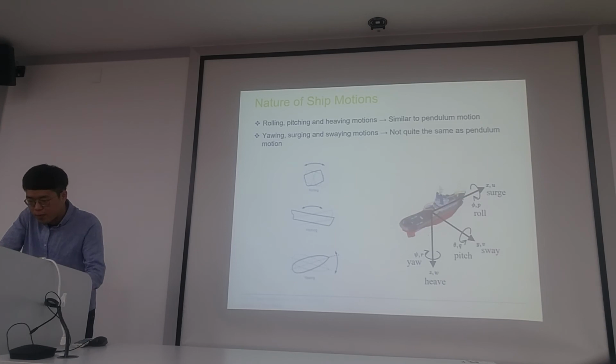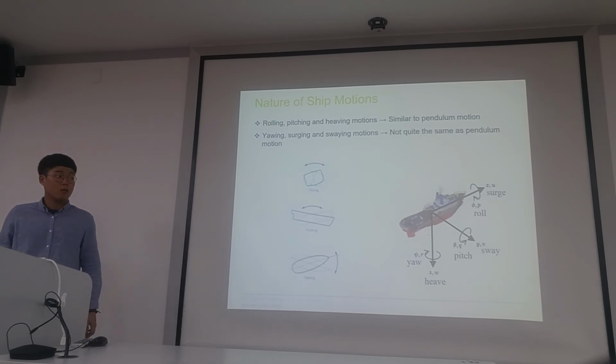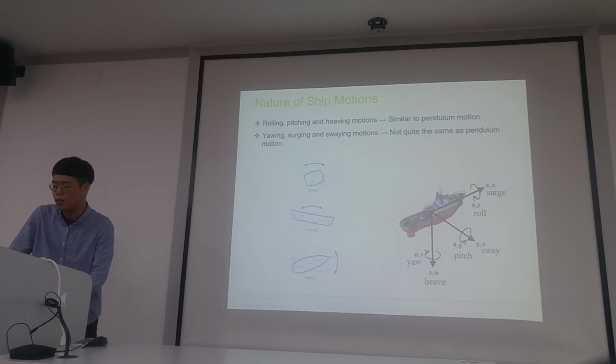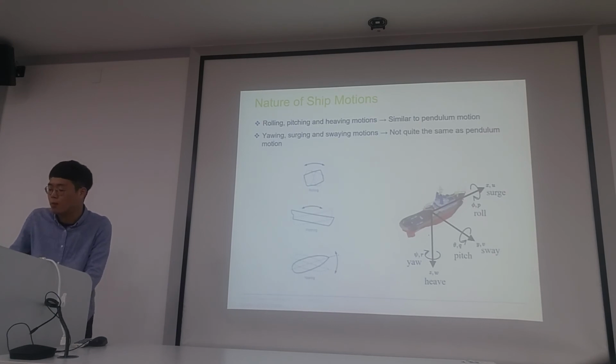Among them, rolling, pitching, and heaving motions are very similar to pendulum motion, which means they have a frequency of oscillation, and the ship also has its own natural frequency. So it is important to compare the natural frequency with the frequency of rolling, pitching, and heaving motions to prevent resonance. On the other hand, yawing, surging, and swaying motions are not quite similar to pendulum motion.